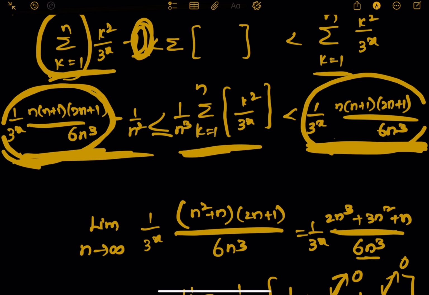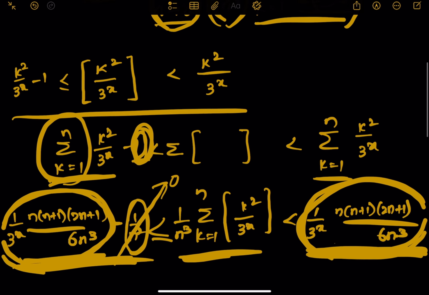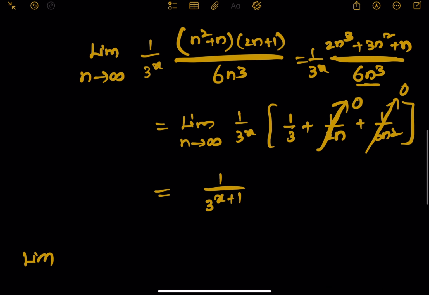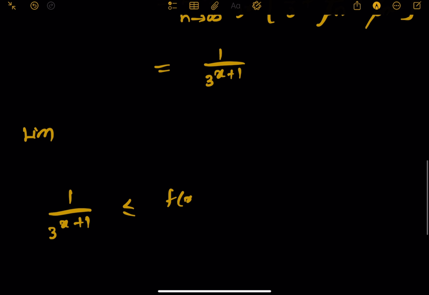This is the same limit. And when you apply limit to this, n tends to infinite, this becomes 0. So this side also you have 1 by 3 to the power x plus 1. So 1 by 3 to the power x plus 1 is less than or equal to f of x, less than or equal to 1 by 3 to the power x plus 1.